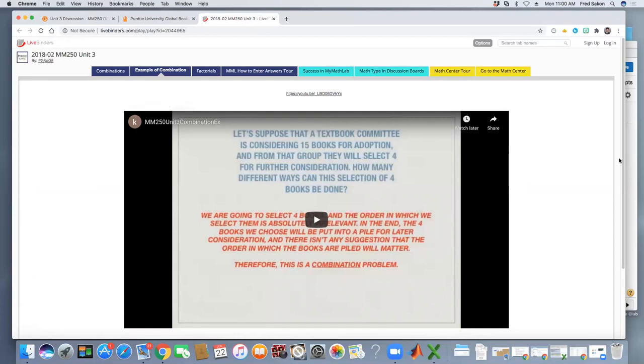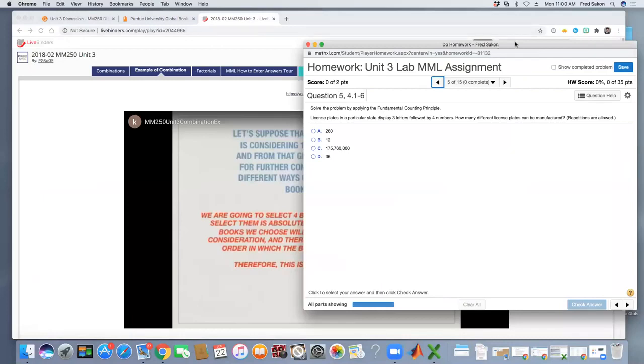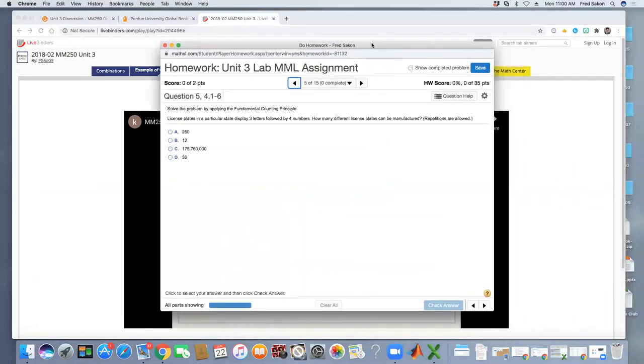Also, you might flip over to your MML assignment exercises. So in these, you'll see some where the counting technique is identified. See here, fundamental counting principle. And this is an example of how a fundamental counting principle problem might be posed.